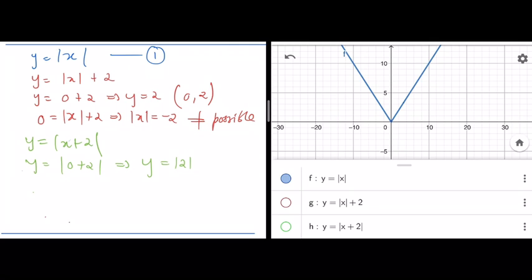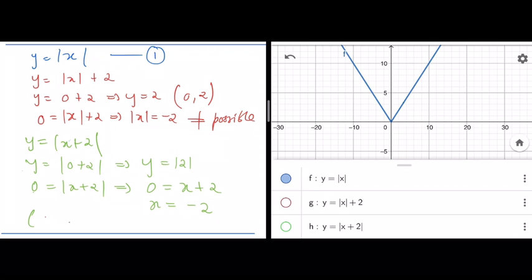And if I take y is equal to 0, then 0 will be equal to mod of x plus 2. Considering only positive values, the bracket will open out to be a positive value. So this will give me 0 is equal to x plus 2, or x will be equal to minus 2.